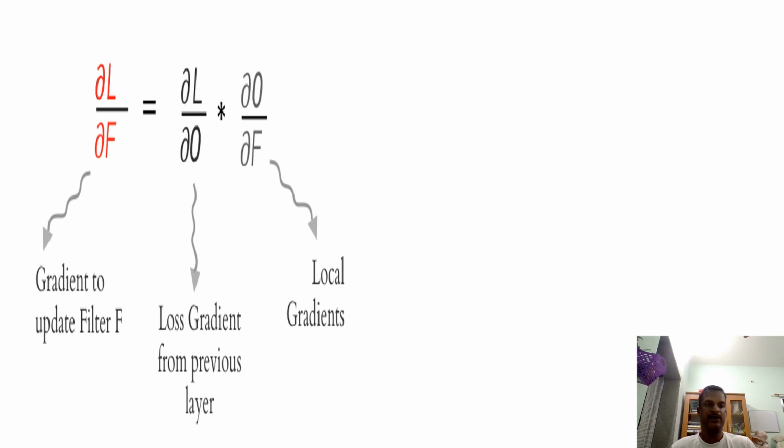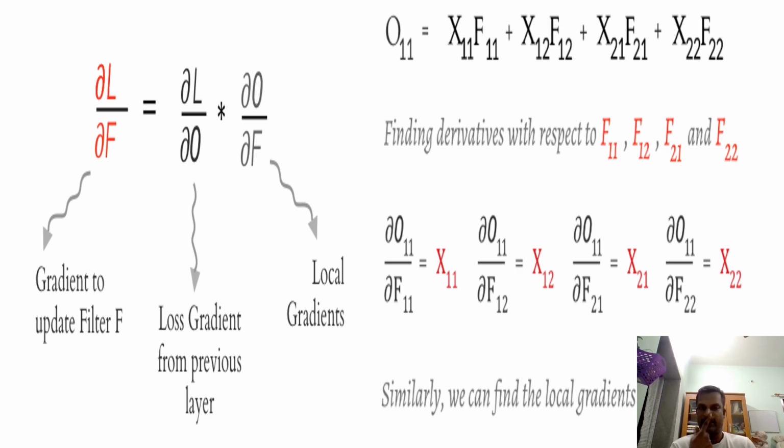So, how do you go for dou L by dou F? You need to first find dou L by dou O, then find dou O by dou F. So first we will go for how to find the dou O by dou F. You know expression O11 and also you know how to find the differentiation with respect to F11, F12, F21 and F22. Remember the filter is not a single value but it is a matrix.